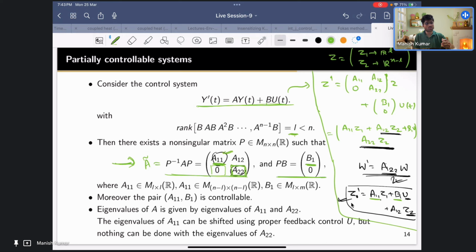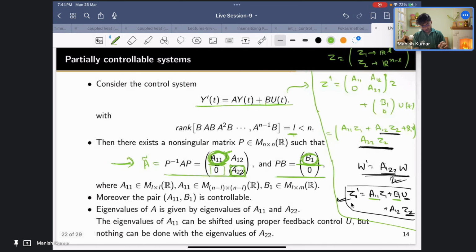When it's partially controllable, you can make changes in the part where the control is acting. In the second part you have no control, so you cannot change the stability property just because control is not acting there. So in this partial case, you can concentrate on this block and find the feedback control when you restrict your study to just this pair. You forget about the second component, and in case the second component is stable, you can guarantee that the whole system is stable.